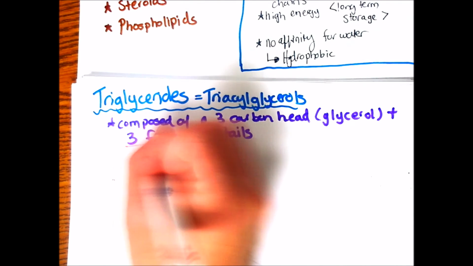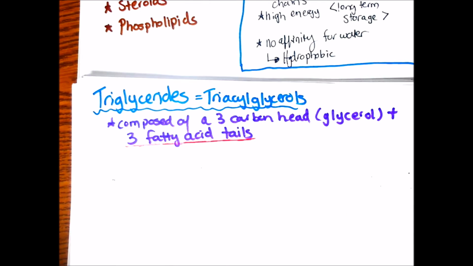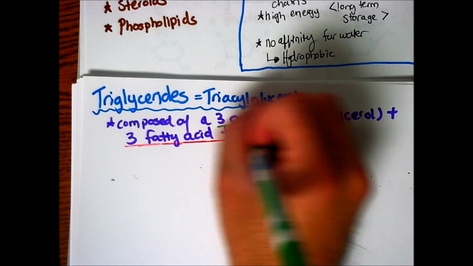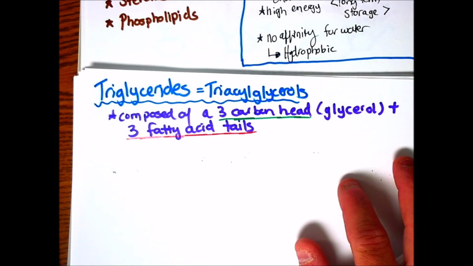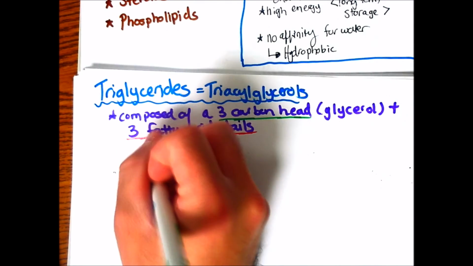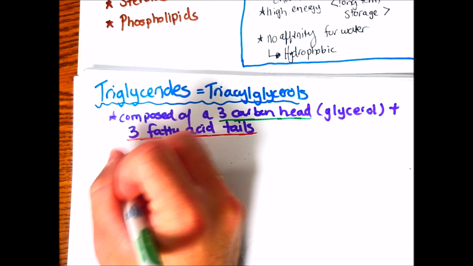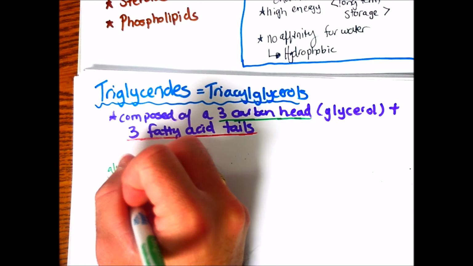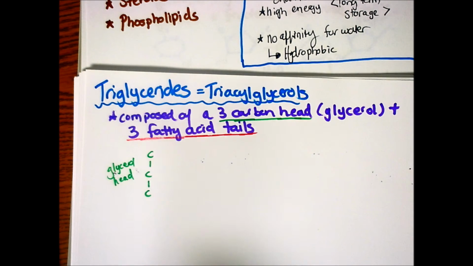So 3 fatty acid tails, I'll designate in red. And the 3-carbon head, I'll designate here in green. So the way that it works is you have your glycerol head. There it is, it's 3 carbons. Then you have your 3 fatty acid tails, which I need to draw out in red.